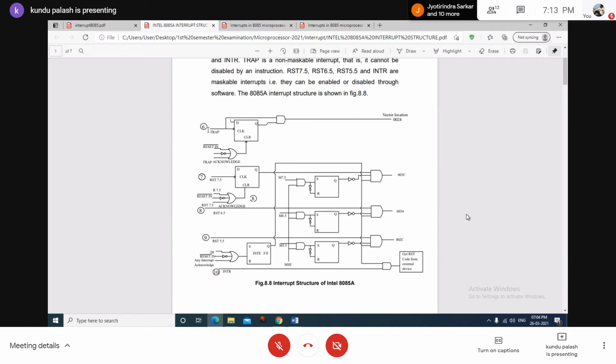So it will generate the trap interrupt signal. The service program will then save all important data from part of the memory to the battery backup RAM. That is another application, so that when the microprocessor resumes operation upon the next occurrence of the power supply, the data will not be lost.